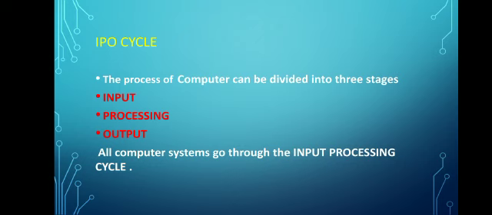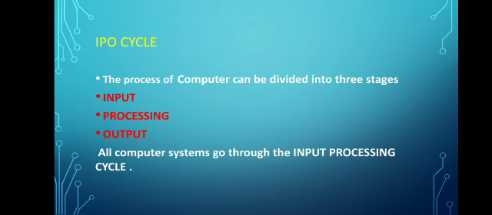Next one is the IPO cycle. IPO cycle means input, process, output cycle. The process of a computer can be divided into three stages. First is input, second is processing, and the third is output. All computer systems go through the input processing cycle. That's why we are discussing the IPO cycle.